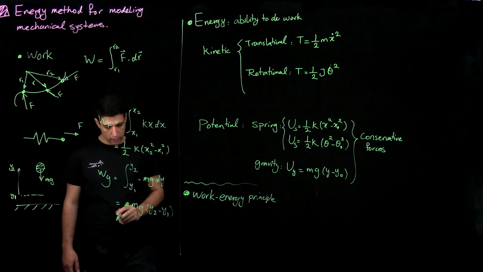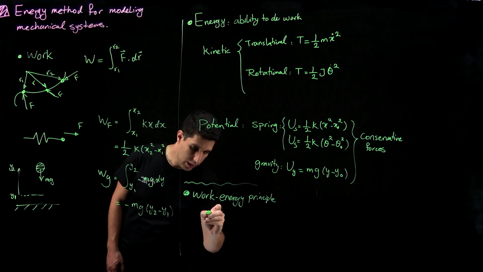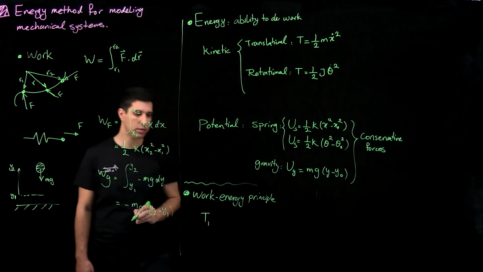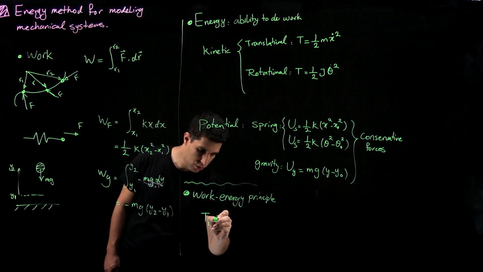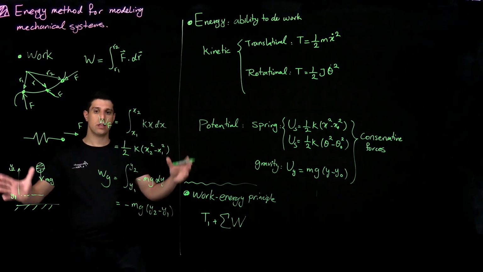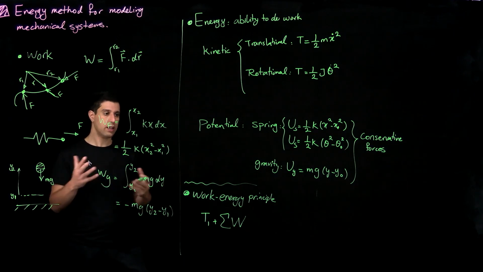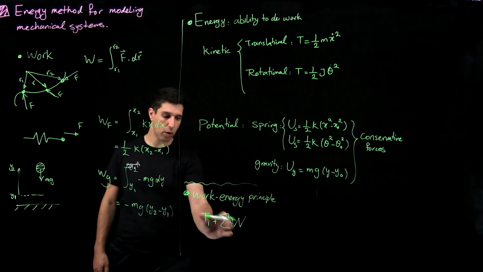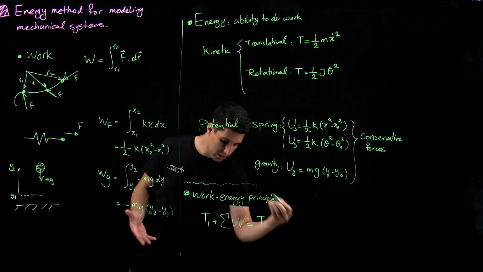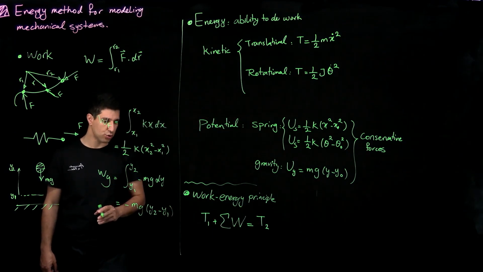Essentially, if you have your system at kinetic energy T1 and you do a certain amount of work on the system, that is a combination of all the forces acting on it that do work, the summation of all those works, and your system ends up in a different state that has a different kinetic energy T2.